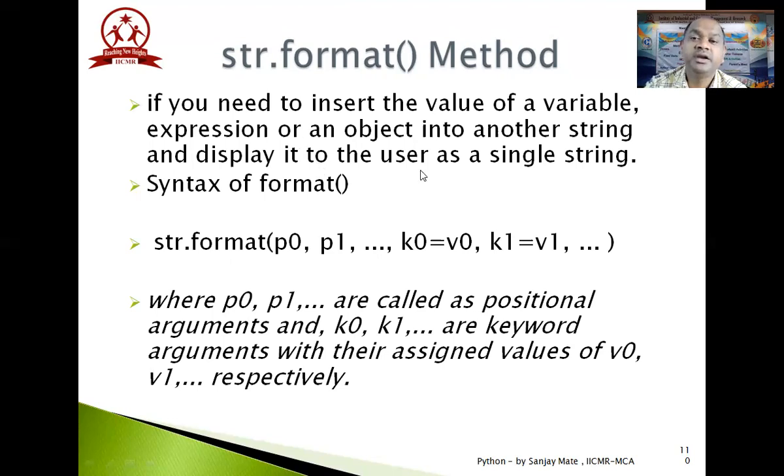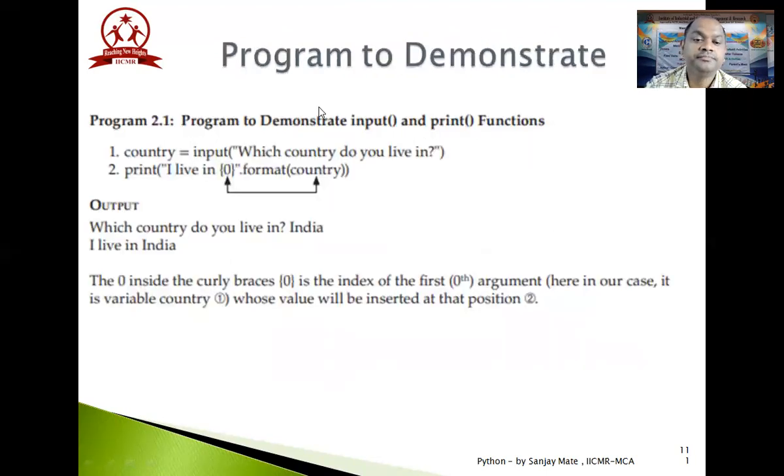This is same as the printf whatever we are using in C++. Here we write first where we want to print the value and what value I want to print. Let's take one example, then you will understand more clearly. Now I am asking which country you want to live in. So here I am asking the question, and I am storing the value in country.